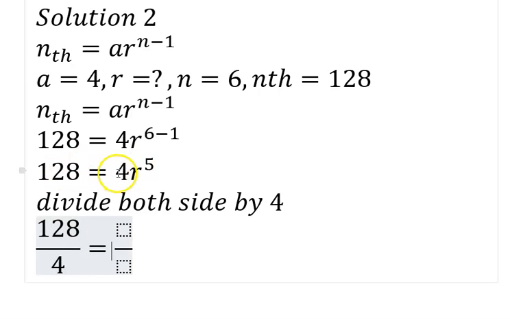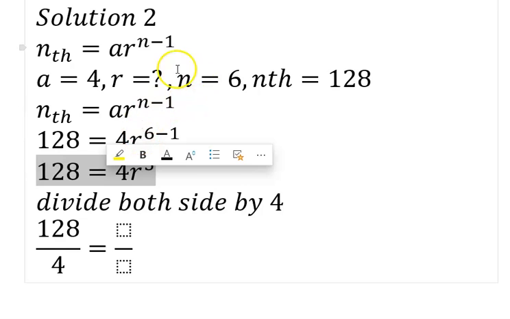We have 4r raised to power 5 here. Okay, let me see if we can get just this. I'm trying to see.